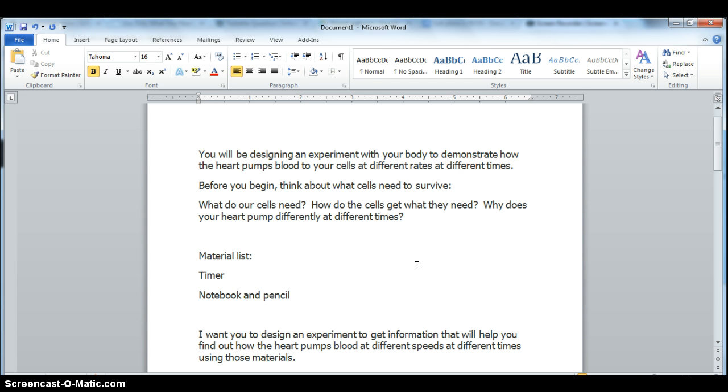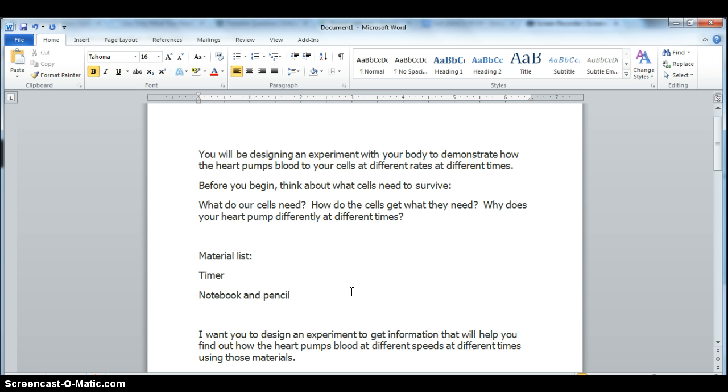So in this experiment, we're changing our activity rate. So let's say we're going to have somebody sit and do nothing, and then they're going to get up and exercise. Well, the thing that I'm going to measure, the dependent variable, is the heart rate.